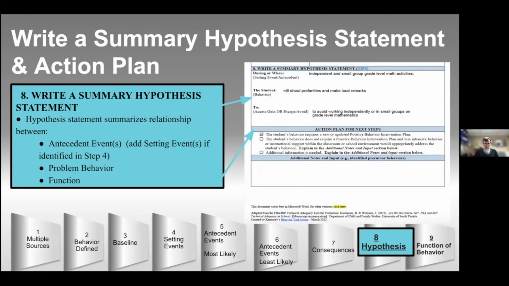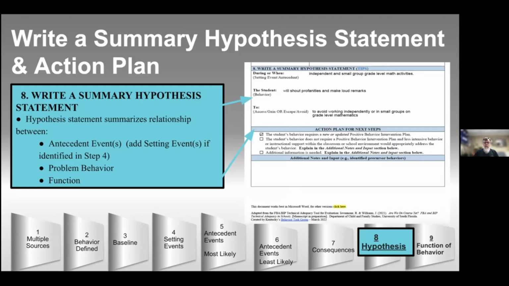So, for instance, during independent small group grade level math work, Lucas will shout profanities and make loud remarks to avoid working independently or in small groups, and to avoid grade level mathematics. That's the hypothesis or the statement of the FBA.